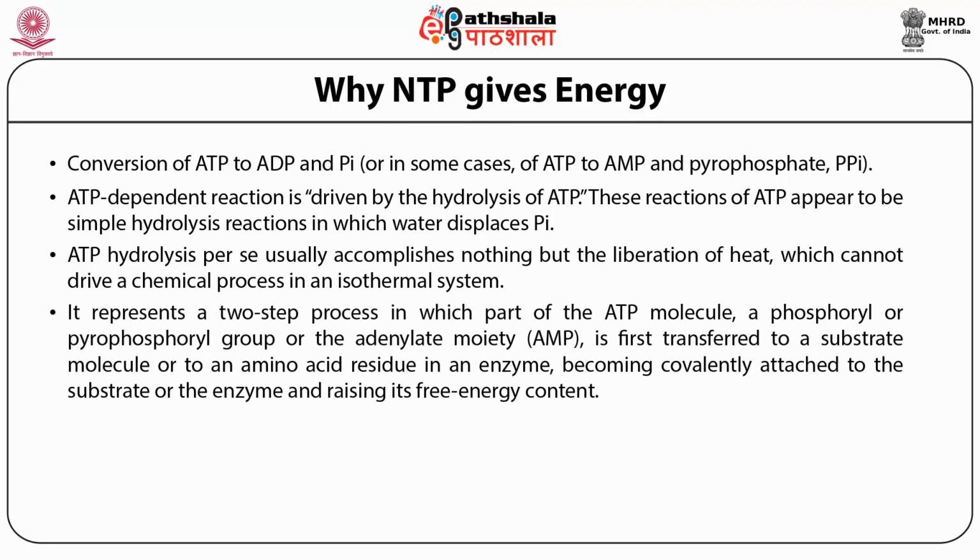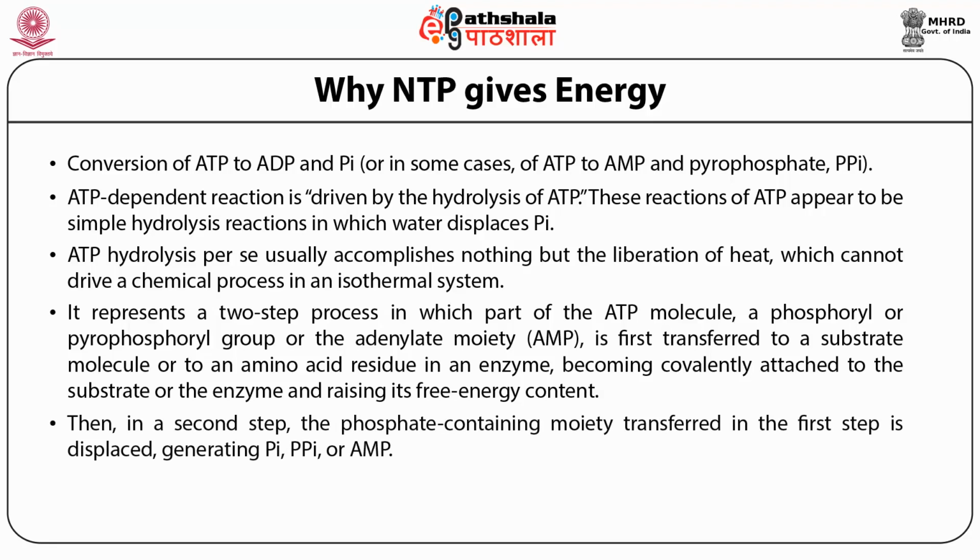It represents a two-step process in which part of the ATP molecule, that is either the phosphate or pyrophosphate group or the adenylate moiety, AMP, is first transferred to the substrate molecule or to an amino acid residue in the enzyme, becoming covalently attached to the substrate or enzyme and raising the free energy content.